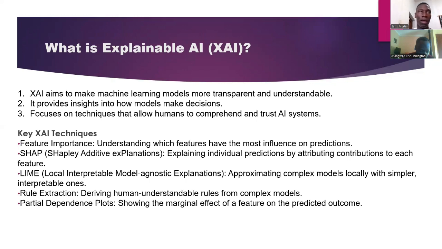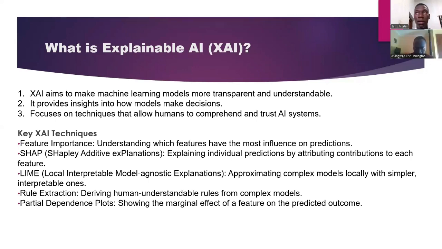It aims to make machine learning models more transparent and understandable, and it provides insights on how the model is making its decisions. Since our project is about EEG data, which is time series data, we opted for XAI techniques such as feature importance, SHAP, LIME, rule extraction, and partial dependence plots.